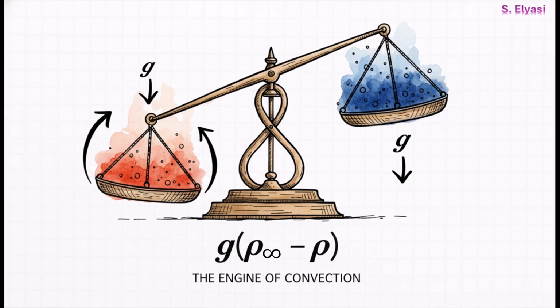That small difference in density, once gravity gets a hold of it, creates our engine. This term, right here, g times the quantity rho infinity minus rho, that is the net buoyancy force per unit volume. Gravity is pulling just a little bit harder on that denser fluid outside, which in turn shoves the less dense fluid inside upwards. This one term is what makes the whole magic of natural convection happen.